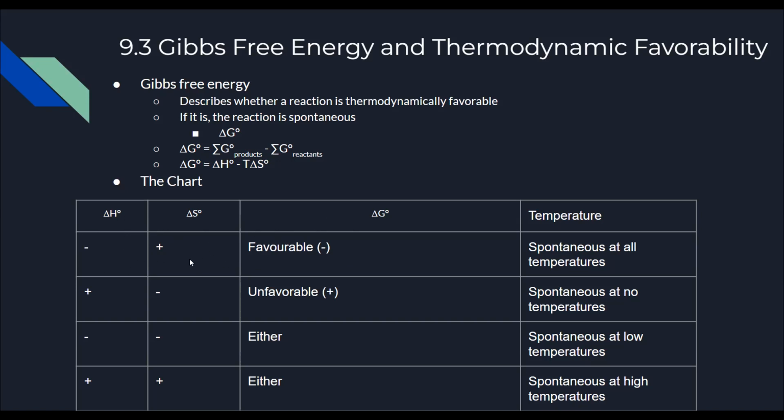So if both of these are favorable, then at all temperatures, delta G will be favorable. When delta H is positive and delta S is negative, both of these are unfavorable, right? So as both of these are unfavorable, delta G will be unfavorable at no temperatures.